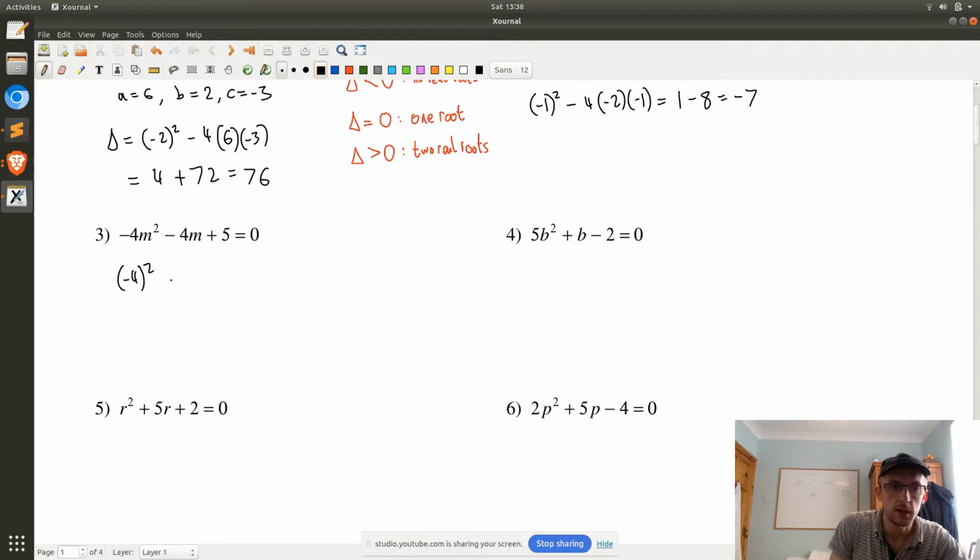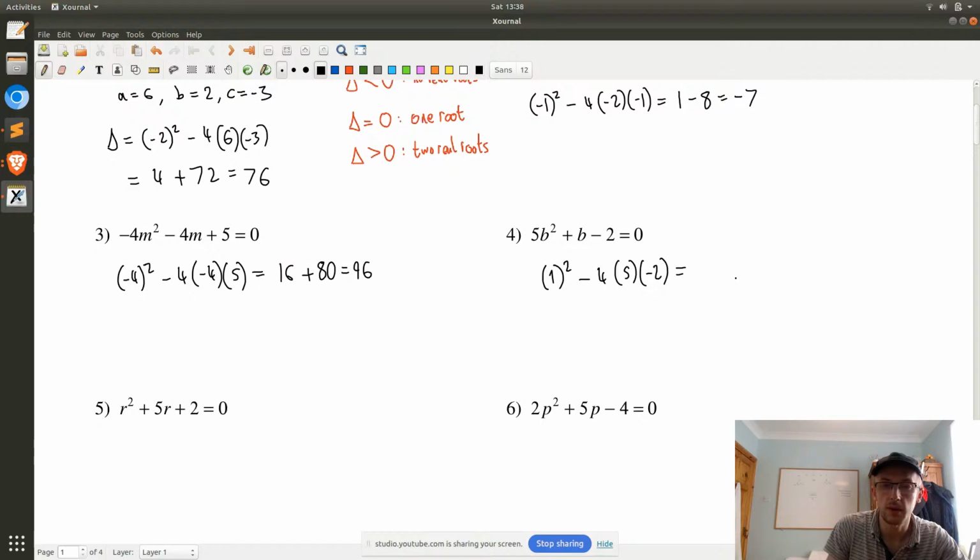B squared, so -14, take away 4 times a times c, so 16 plus 80, so 96. This one, 1 squared minus 5 times -2, 4 times 5 times -2, so 41.